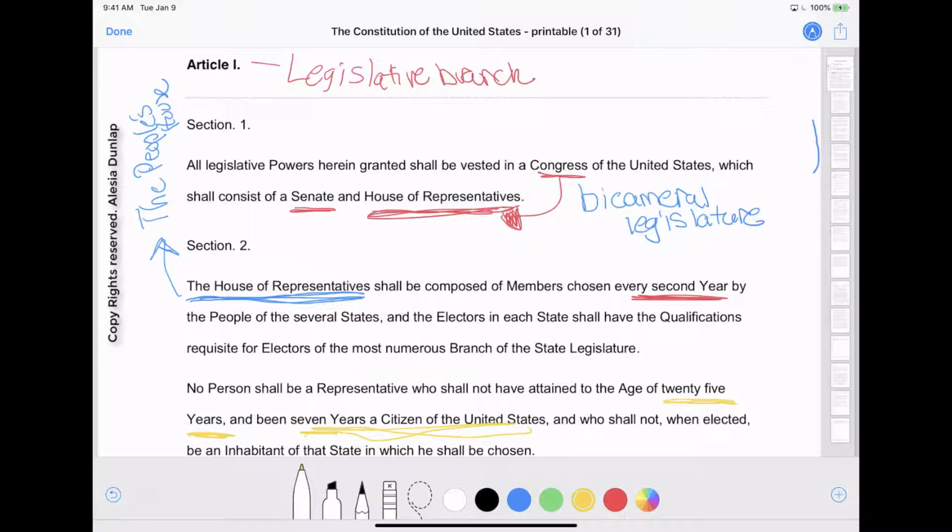And you must be a resident of the state in which you reside. So, for example, if you want to be a member of the House of Representatives for Michigan, but you live in Ohio, you cannot run in Ohio. You have to run in Michigan because you do live in Michigan. So let's move on here.